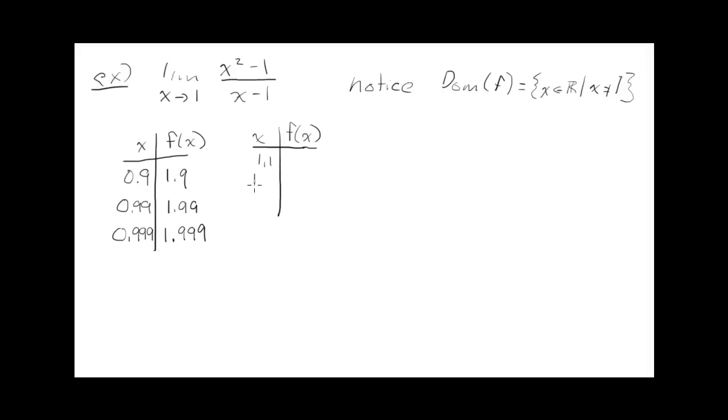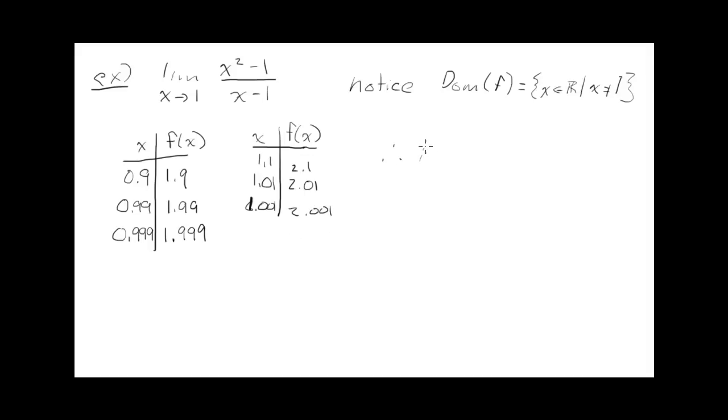So 1.1, 1.01, 1.001, and you're going to get 2.1, 2.01, 2.001. Again, it looks like it's approaching 2.